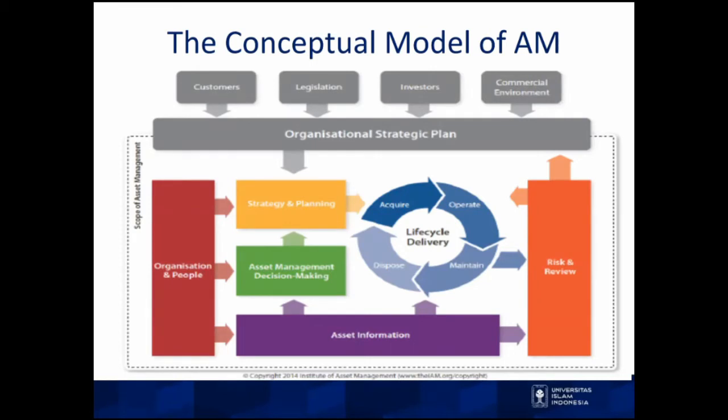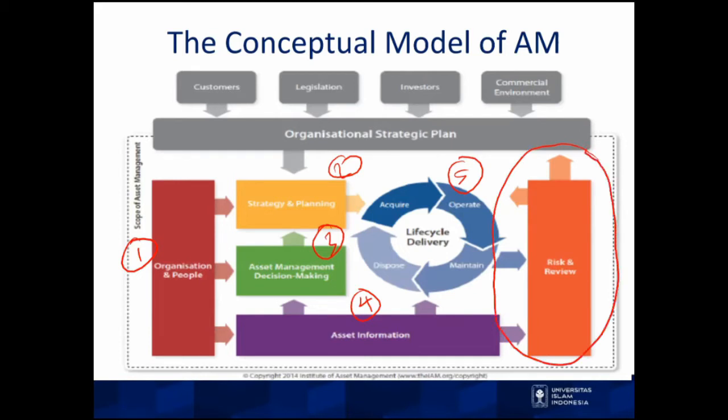The first group is organization and people, and then strategy and planning. The third one is asset management decision making, and the fourth one is asset information. The fifth one is life cycle delivery, and what we're going to discuss today is in the last group, risk and review. Risk and review is an integrated part of managing the asset.